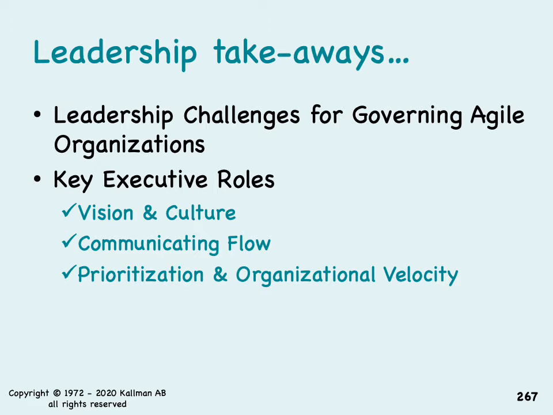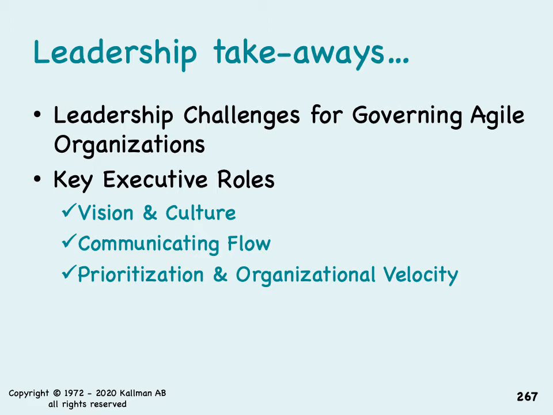The leadership takeaway for this video on using flow to govern and lead agile organizations. This is just a real short video, but there are some additional videos that follow this. We're going to look briefly at the leadership challenges for governing agile organizations and then the three primary executive roles.